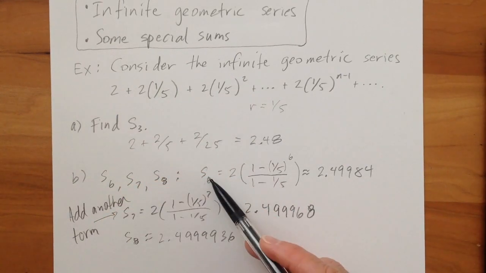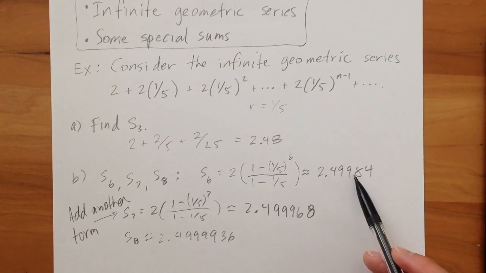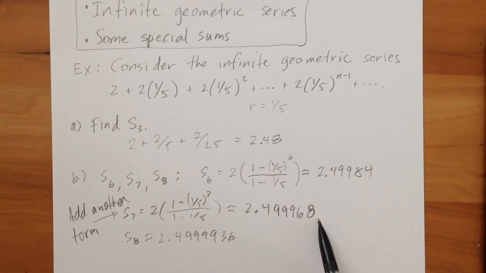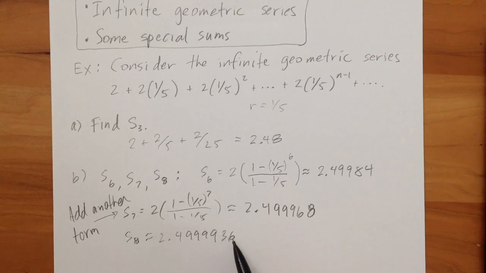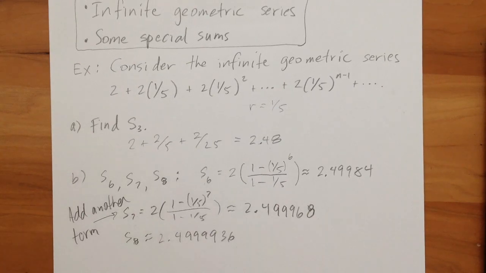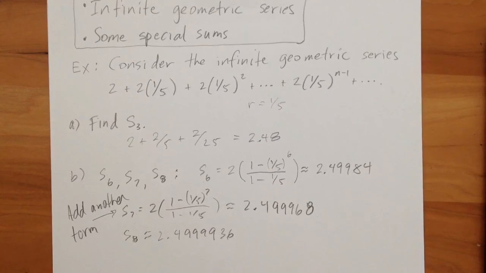So if we start at s sub 6 and we add the next term in line, we get this. If we add the next term in line, we get this. So what seems to be happening is with each next term, I'm getting closer and closer and closer to a partial sum of 2.5.